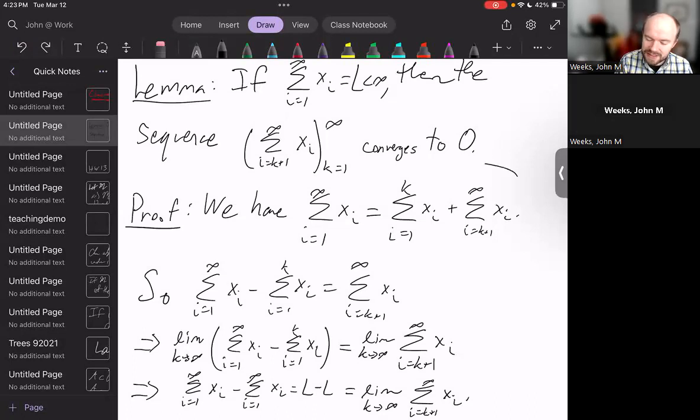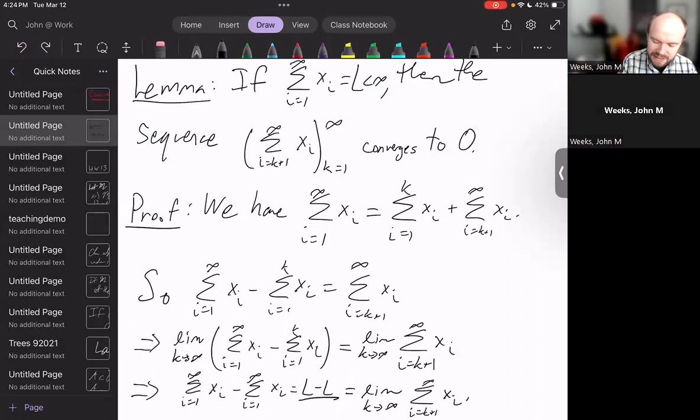Notice the way that I do it is I split up this series in terms of an arbitrary value of k. An infinite series can be broken up into the first grouping of terms and the second grouping of terms. And you can always subtract a finite number for any of these given k, and that's what you get right over here. Since these are two equal sequences, the limit as k goes to infinity of these two things is going to be the same.